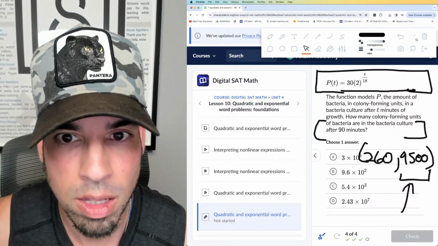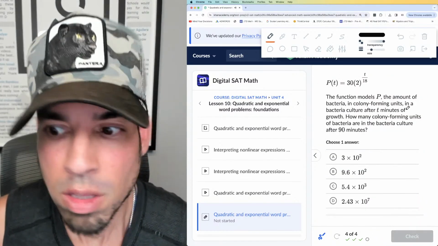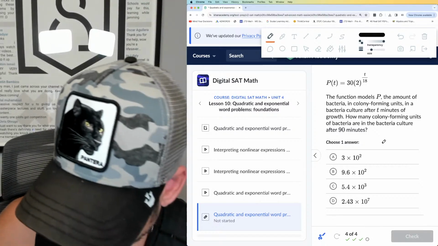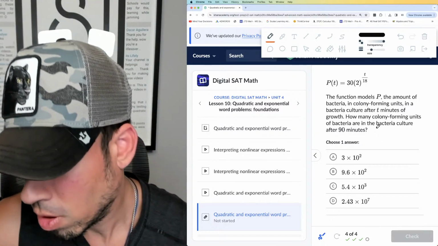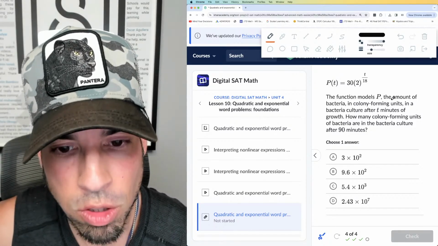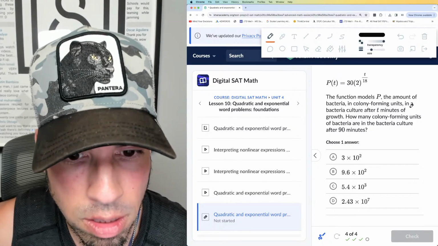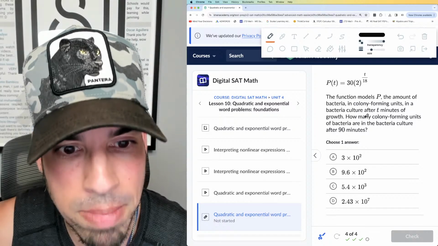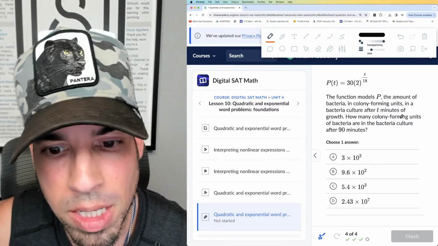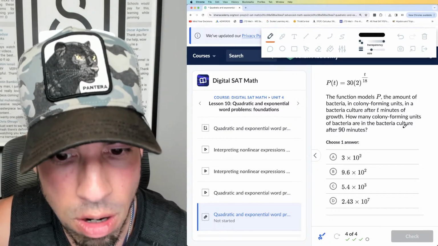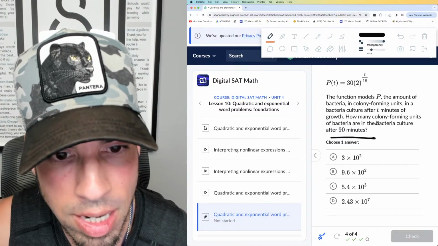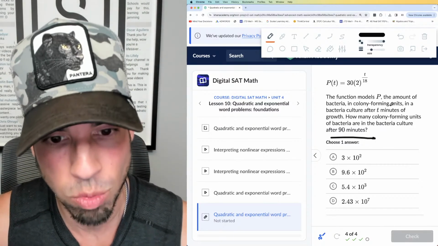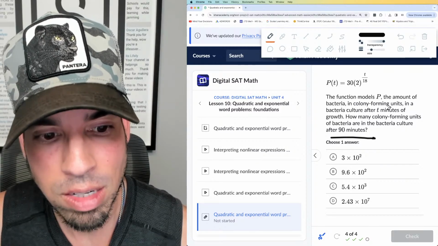Done. Okay, last one. Here we go. The function models P, the amount of bacteria in colony forming units in a bacteria culture, T minutes after growth. How many colony forming units of bacteria are in the bacteria culture after 90 minutes? This is a straight plug and chug situation. We've already said that T represents minutes.